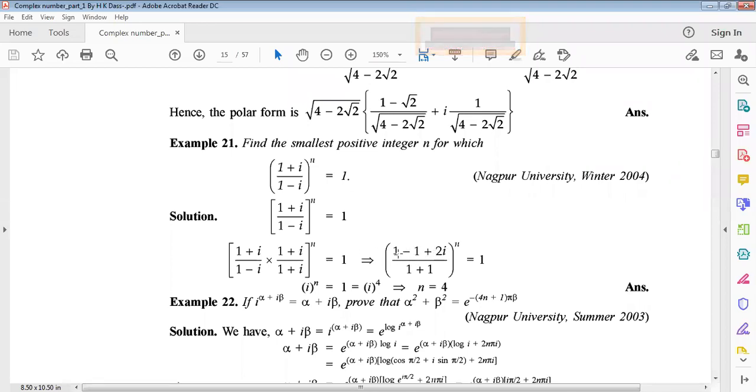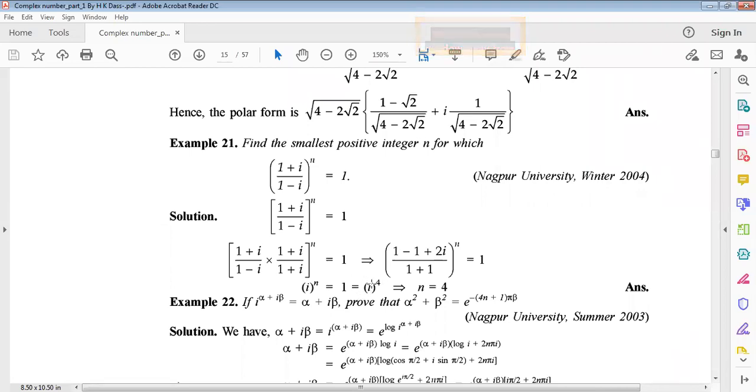1 plus i whole square, by the (a plus b) whole square formula, is 1 square plus i square plus twice i. I square is minus 1, so 1 minus 1 plus twice i. So (1 plus i) whole square equals twice i, divided by 2. The 2 cancels, leaving only i to the power n equals 1. What will i to the power 4 be? I square equals minus 1, so i to the power 4 equals 1.